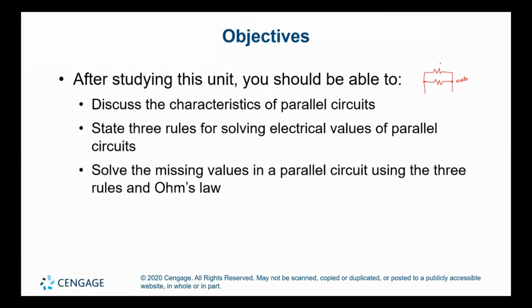Because resistor 1 and resistor 2 have a common point, which is called a node, connected in common to the positive terminal and connected in common to the negative terminal, they are considered to be connected in parallel. And not only considered, they are connected in parallel. So that's the standard look of a parallel circuit.